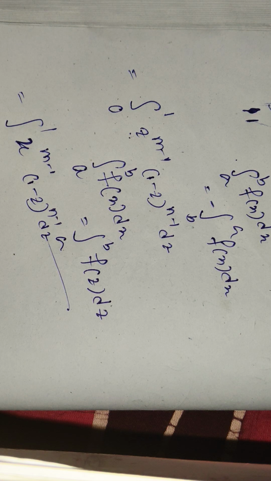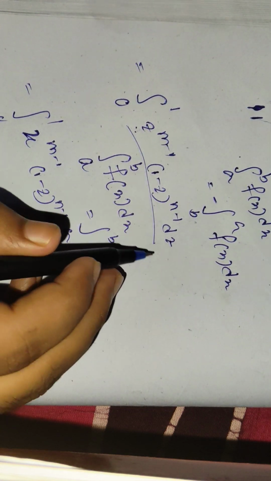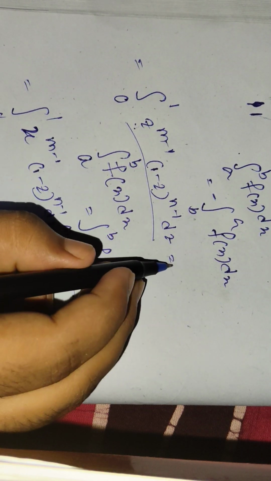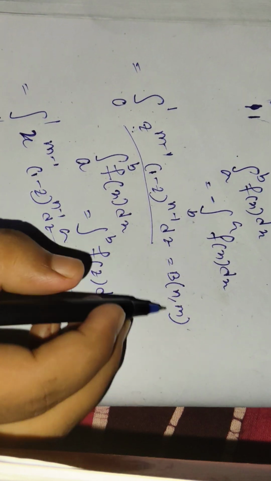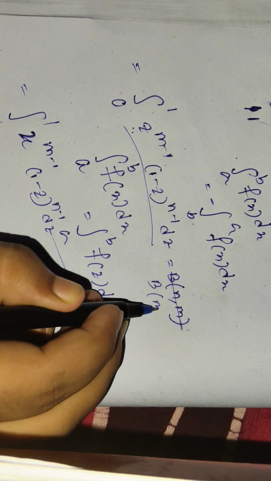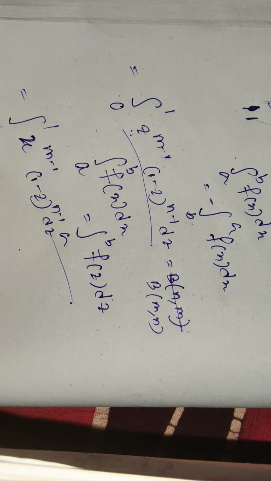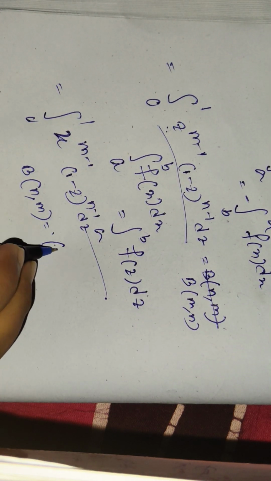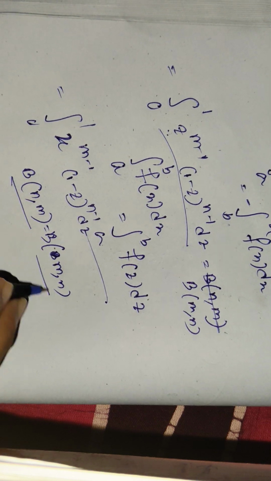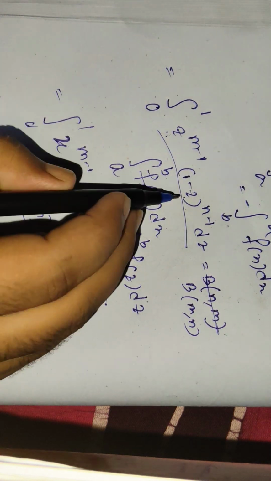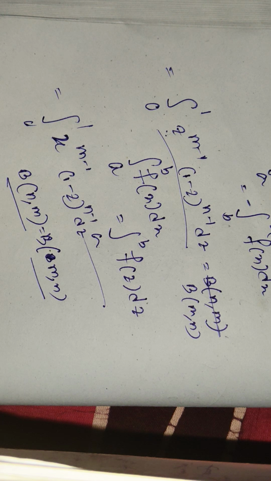You don't even need to change it, you can easily say this is beta(n, m), or specifically beta(m, n). So you can easily prove beta(n, m) is equal to beta(m, n), because the beta function is not depending on the variable, right?